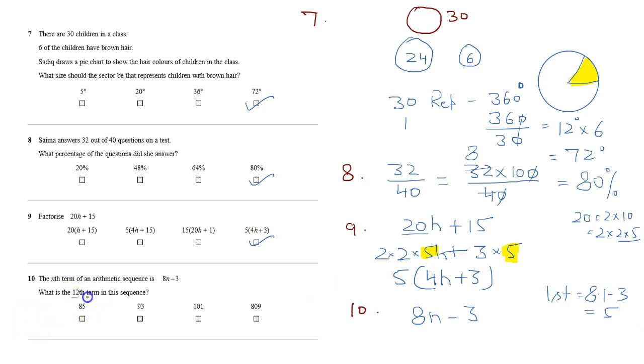He is asking the 12th term. So put n is equal to 12. So 8 multiply 12 minus 3. 8 multiply 12 will be 96. Minus 3 will be 93. So the answer of question number 10 is 93.